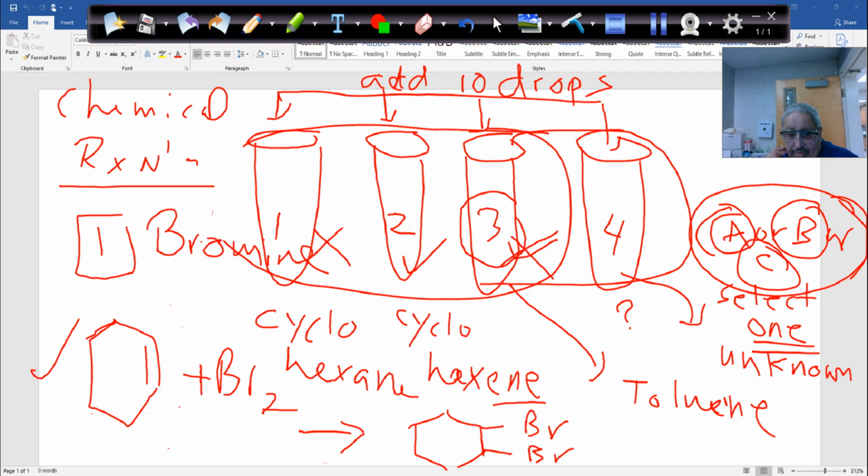Now, with this in mind, you will do the second chemical reaction with potassium permanganate. The same thing as with the bromine.